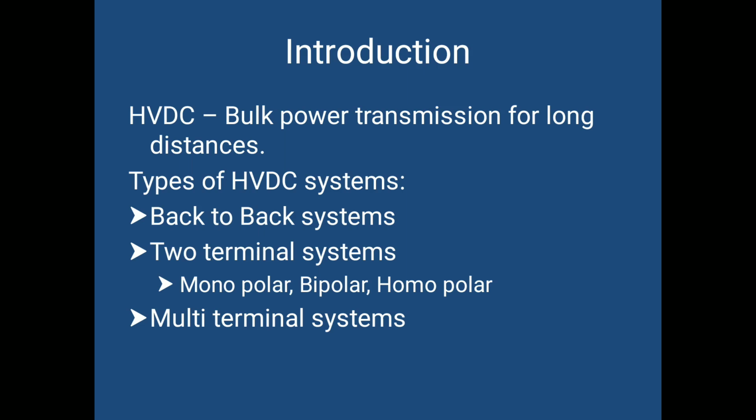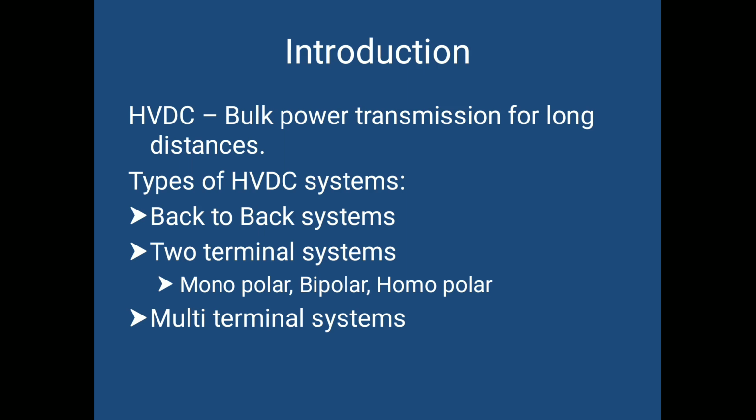Back-to-back systems connect two asynchronous AC systems where the converters are connected back-to-back. What are two-terminal systems? Two separate converter stations, that is, a rectifier and an inverter, connected by a DC link. This link can be monopolar, bipolar or homopolar.